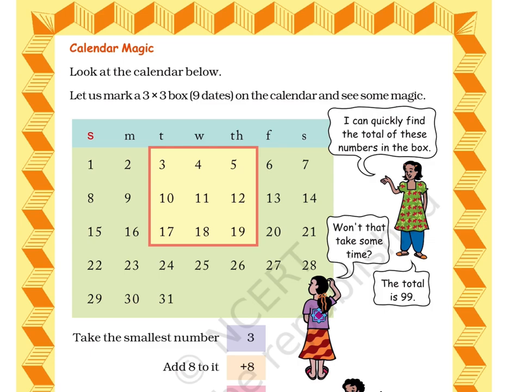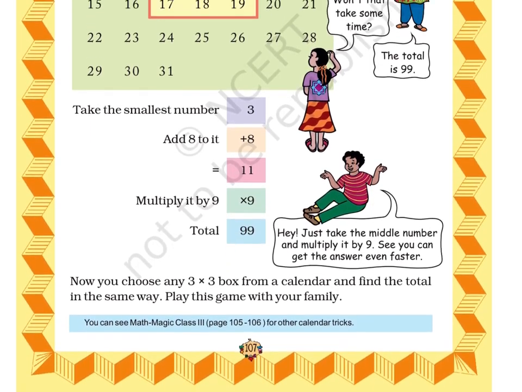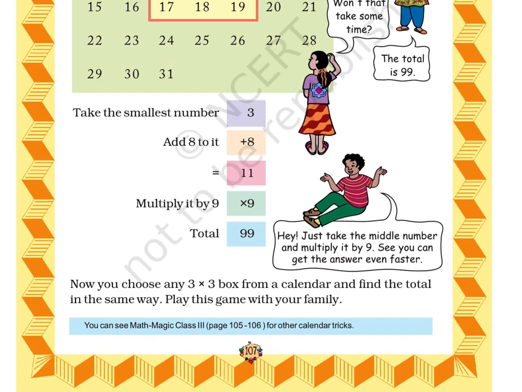Take the smallest number, 3, add 8 to it, which is equal to 11. Multiply it by 9. Total is 99." There is a boy who says, "Hey, just take the middle number and multiply it by 9.